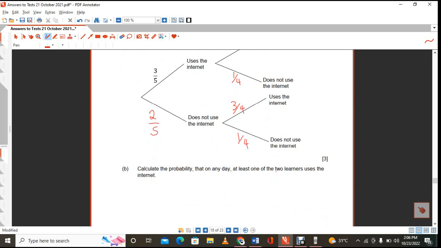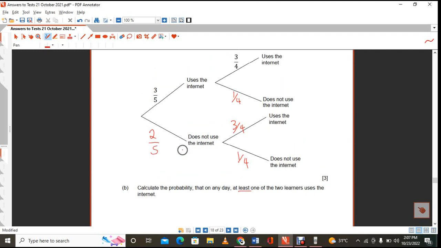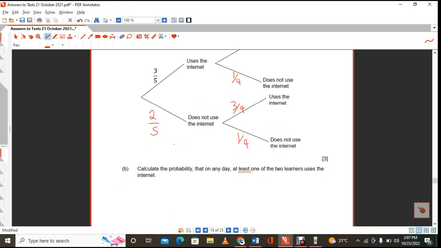Calculate the probability that on any day, at least one, so it can be twice, at least one of the two learners uses the internet. Now, we can also say, let's say they are not using the internet. So let's say 1 minus not using the internet. So this is not using and not using.